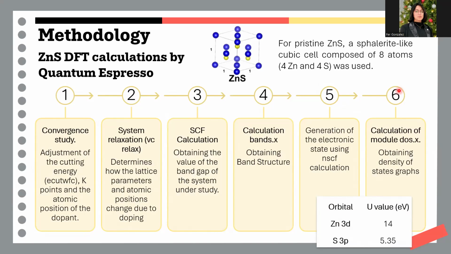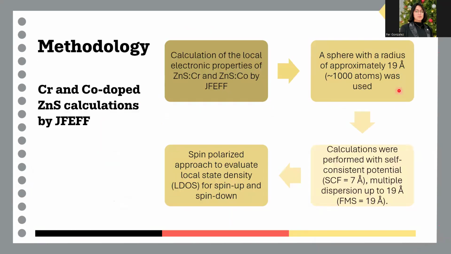Also, using FEFF software, the local electronic properties of chromium- and cobalt-doped zinc sulfide were calculated using a sphere of approximately 1,000 atoms containing a single substitutional impurity.